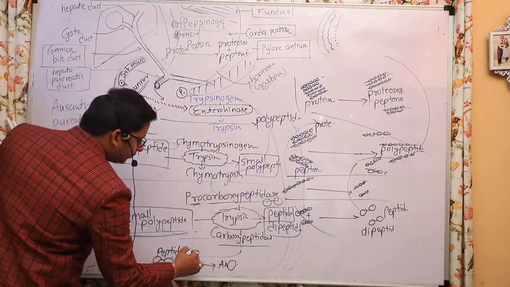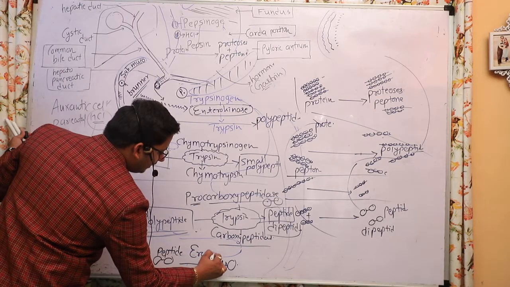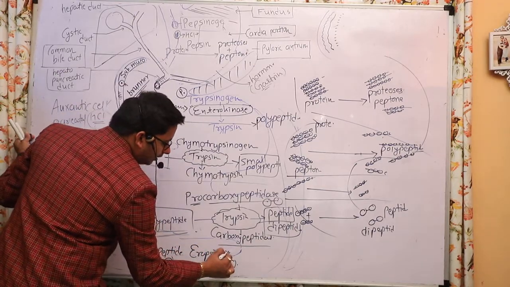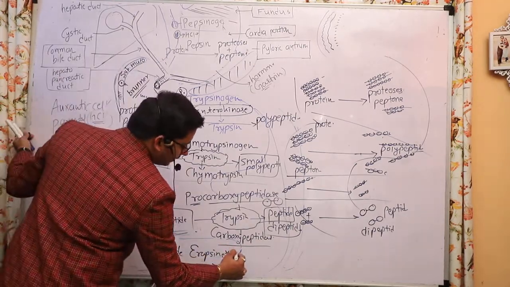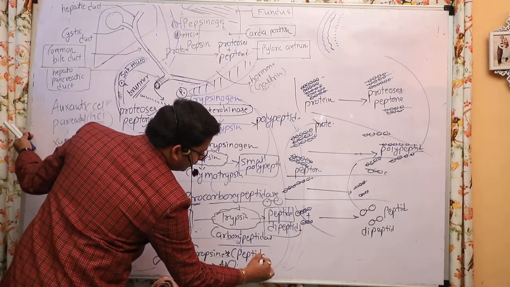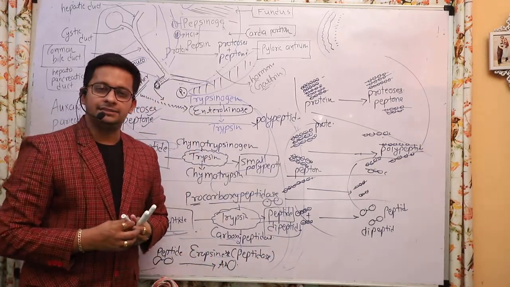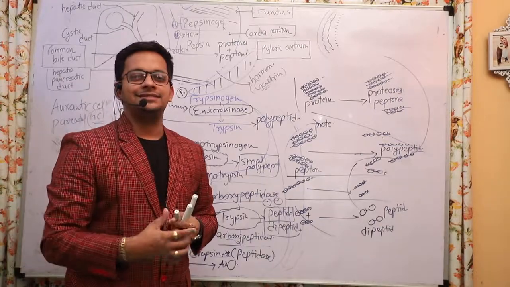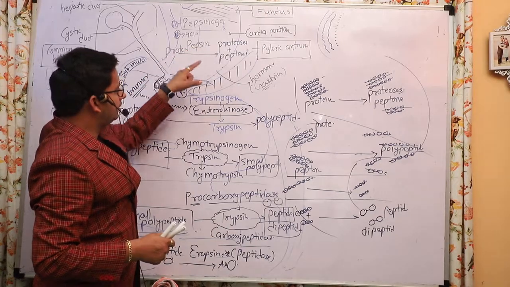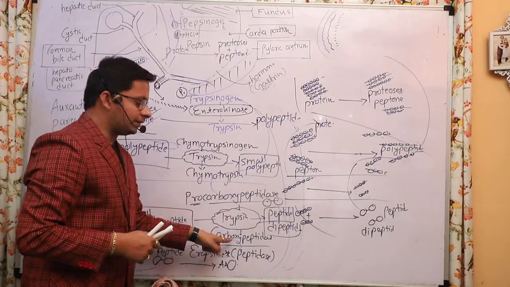in the presence of erepsin. Please, this is the main and last, erepsin. Another name of erepsin is peptidase. Why? Erepsin is one of the best enzymes. All the others go from inactive to active, inactive to active, inactive to active.